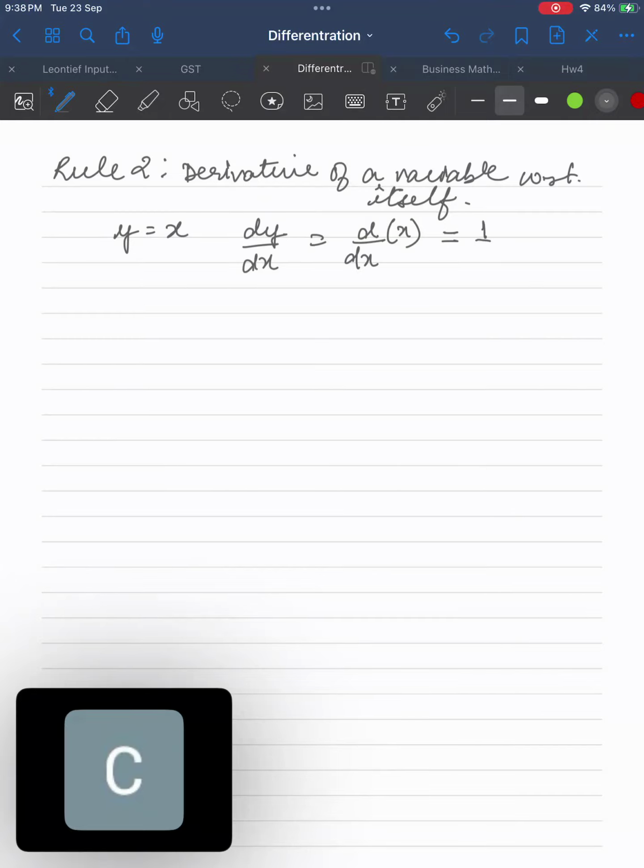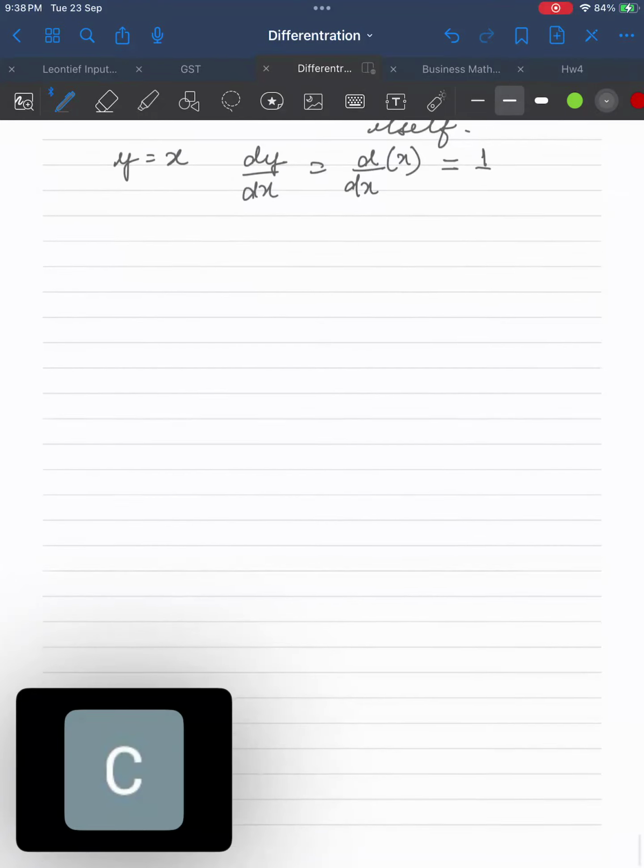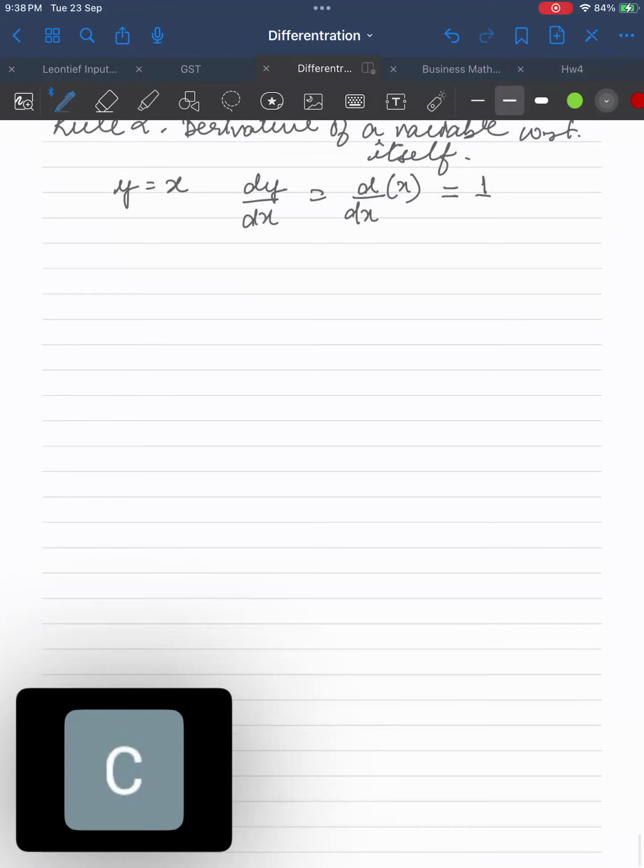I think this rule is simple and clear. No more questions can come up on it. If I ask you to differentiate with respect to u, suppose dy upon du and y is equal to u, then d upon du of u would be 1.